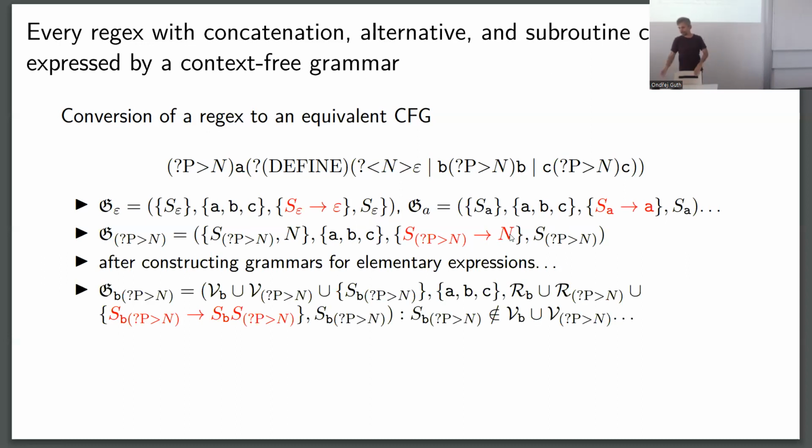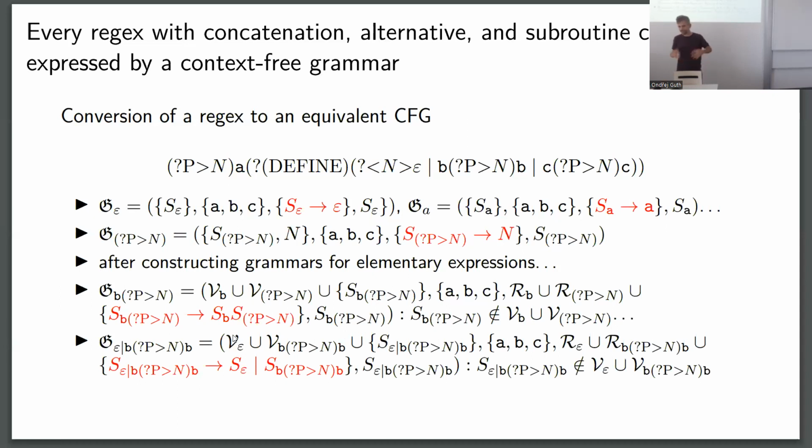So for concatenation, we basically create a grammar which generates the concatenation of the starting symbols of the other sub-grammars. This way we iteratively create, and of course for alternative, the same thing. We basically suppose we already have created grammars for the sub-expressions we are now joining together.